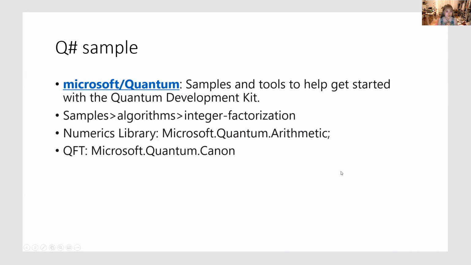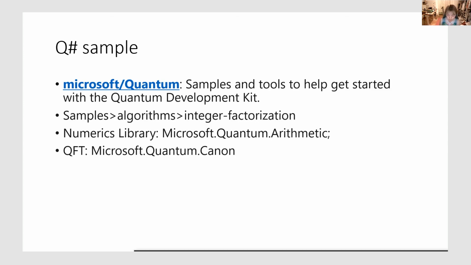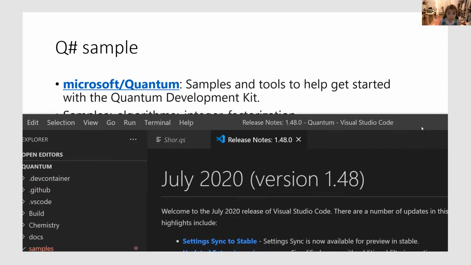We don't have much time to actually do an exercise, but we do have a sample. There are not a lot of Shor's algorithm code out there, but luckily we have one using Q#. On the GitHub Microsoft/Quantum, you'll be able to find our samples. I actually have it open here. I would highly recommend that you go download it.